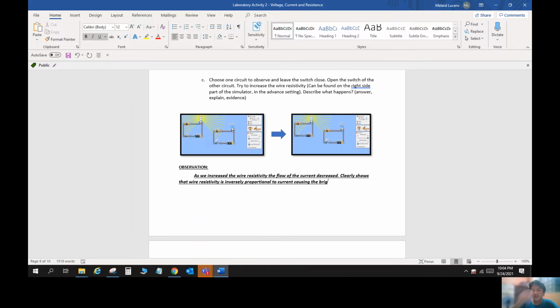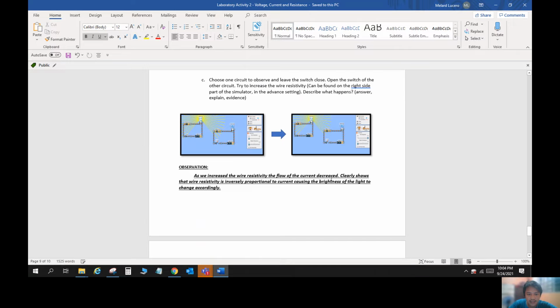Syempre, pag mas mababa yung current, mas mababa yung ilaw ng ating bulb or load. Causing the brightness of the light to change accordingly. Yun na lang siguro.